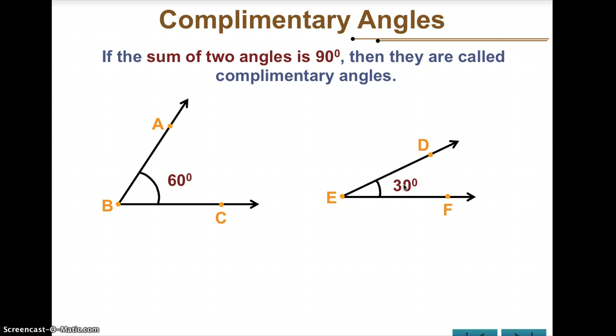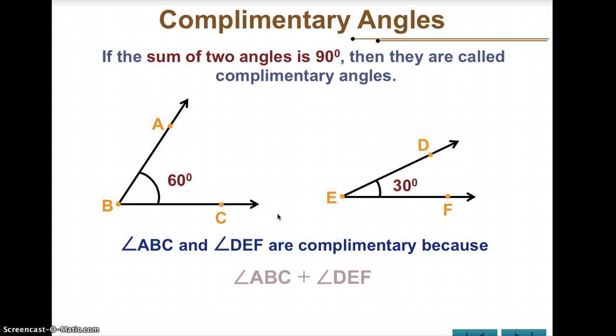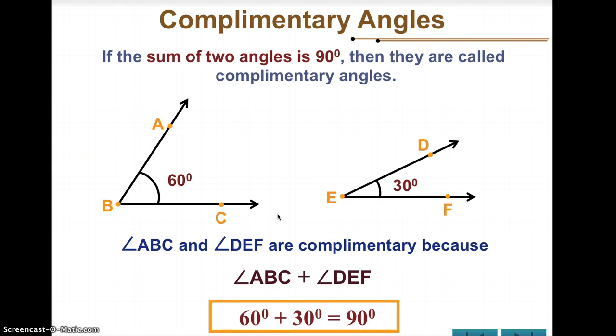If you add these two measurements, 60 degrees and 30 degrees, it equals 90 degrees, so these two angles are complementary. We can say angle ABC and angle DEF are complementary because angle ABC plus angle DEF is equal to 90 degrees.